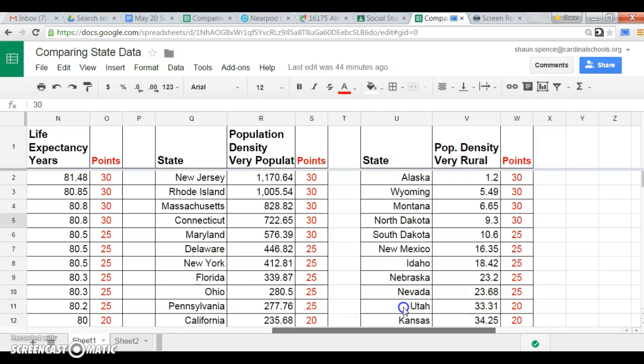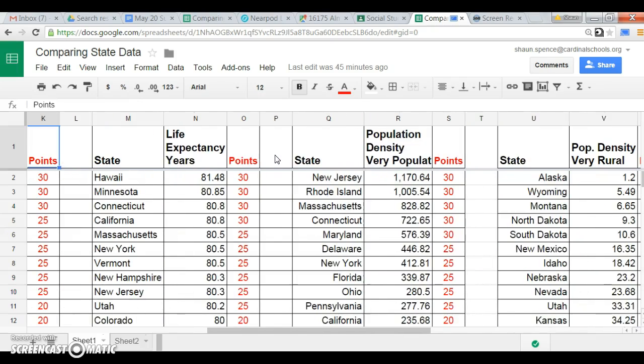There's 6 to choose from. The first one you'll probably want to decide is: do I like a very dense population, meaning lots of cities, or do I want more country? So you pick one of these 2. You cannot pick both because they're exact opposites. You pick one of those categories.